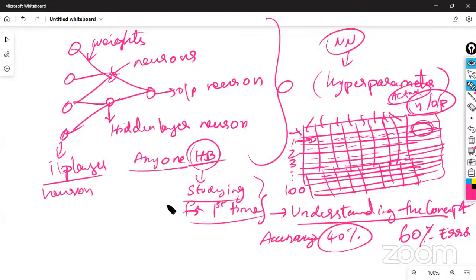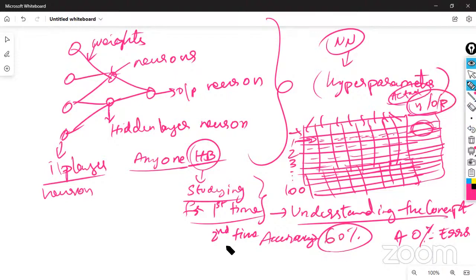Now, the same concept I will explain for the second time. Now what happens? The error will get reduced to 40%, and the understanding level increases.